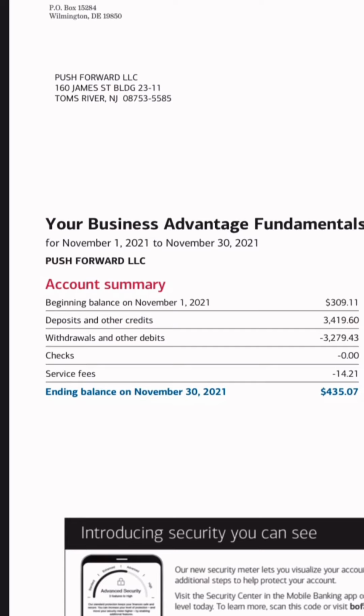This is the same as the deposits, but in this case it reads the withdrawals and numerous debits on that month. I think all these are self-explanatory, so I'll just move on to the checks.